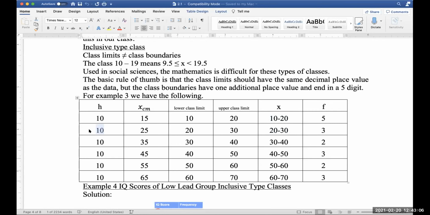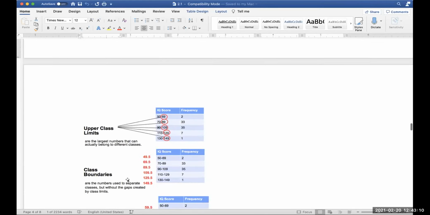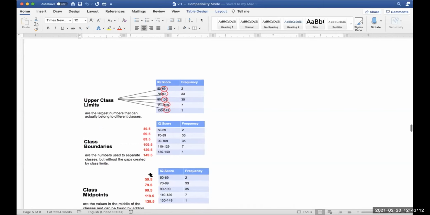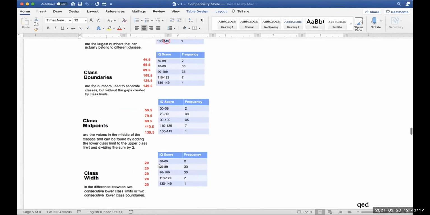So the class width is 10. And so the class width here is, well, let's see, 70 minus 50 is 20.